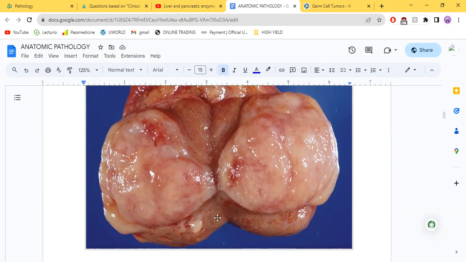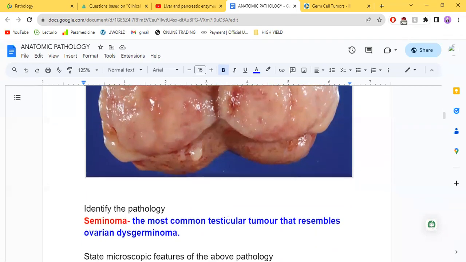It's a seminoma, the most common testicular tumor, that resembles an ovarian dysgerminoma. How it resembles an ovarian dysgerminoma is, I think, because of its histology. So under histology, what do I expect to see? Maybe I'll expect to see a fried egg appearance.